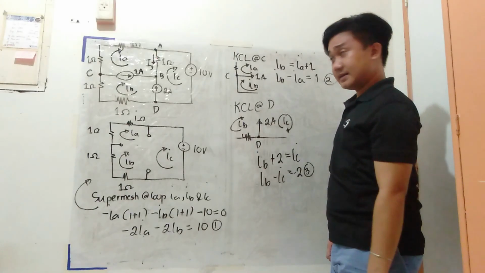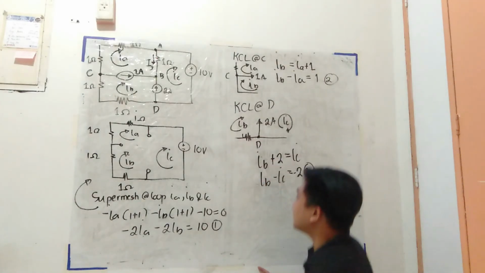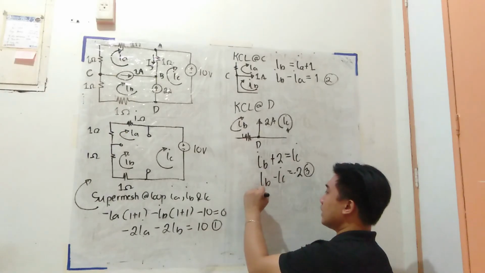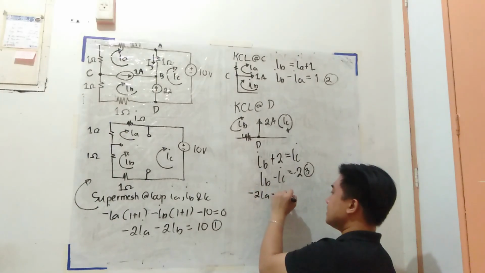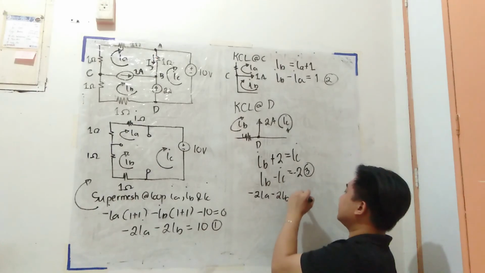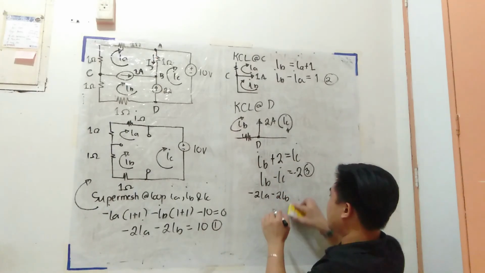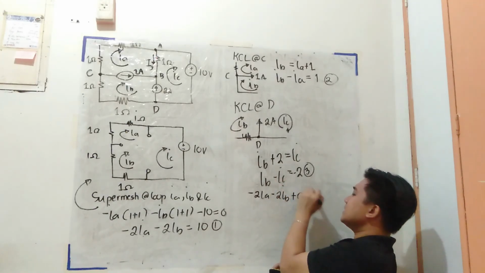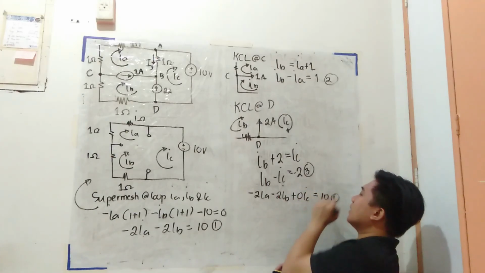Kitang-kita na. Okay? So, rearrange ko lang. I'm going to use this. Negative 2IA minus 2IB plus 0IC equals 10. Equation number 1.